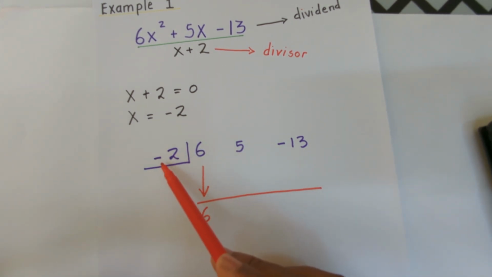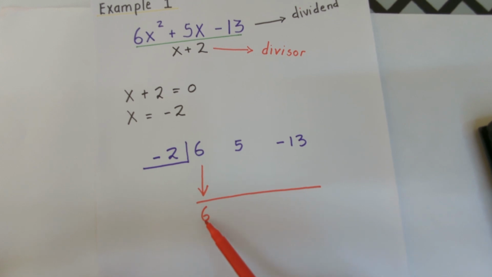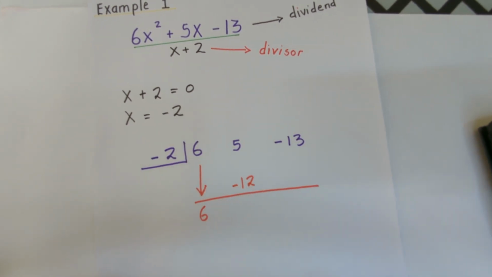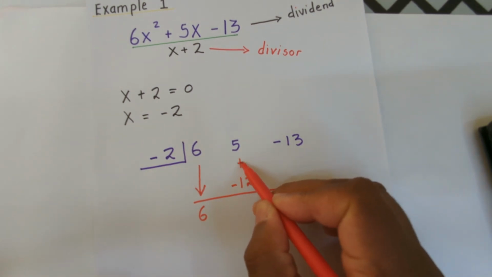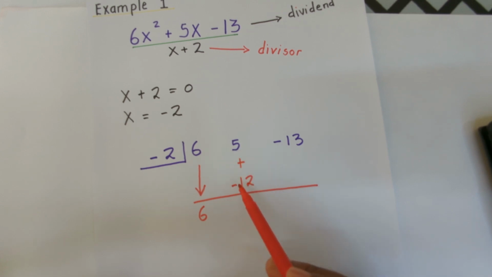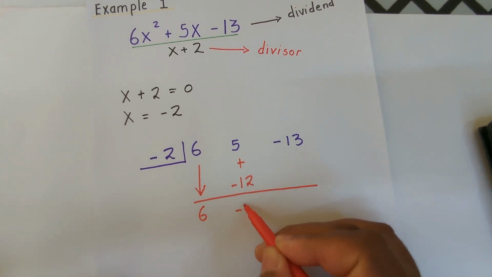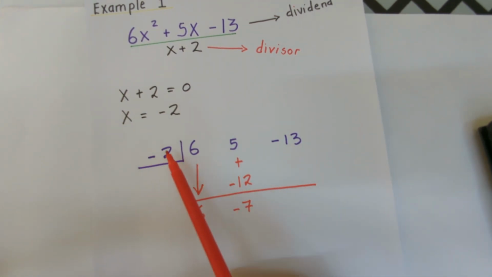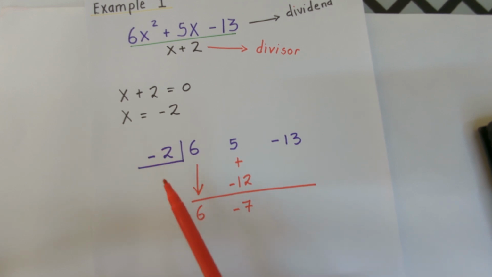So let's multiply negative 2 by 6. This will give us negative 12. And then we add the negative 12 to 5. So 5 plus negative 12, that's negative 7. And then we repeat the same process again, where we multiply negative 2 by negative 7.